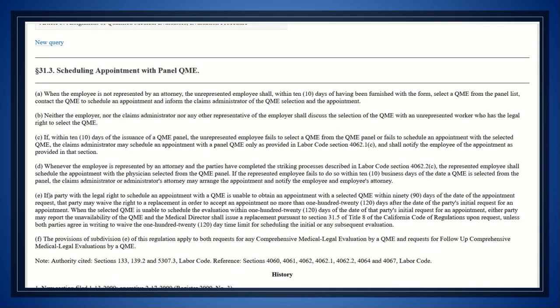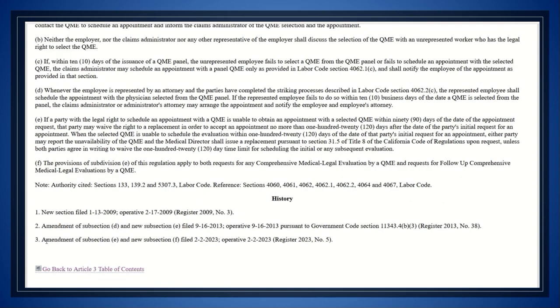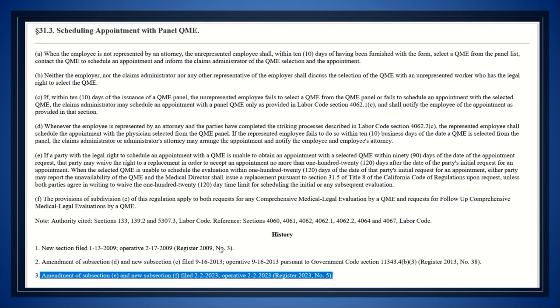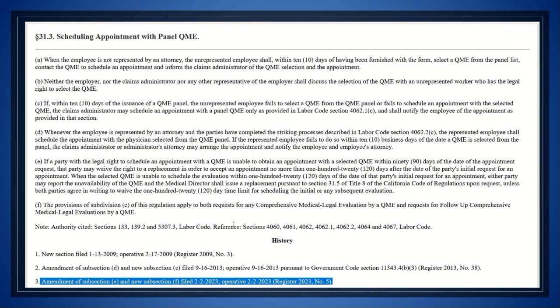We just went over section E, and let me just show you here. It says here, amendment of subsection E was filed 2/2/23 and became operative 2/2/23. So this is kind of new. It's not exactly new with the newest QME regulations, which were adopted February 2024, but it's kind of new and not everyone is yet aware of this.